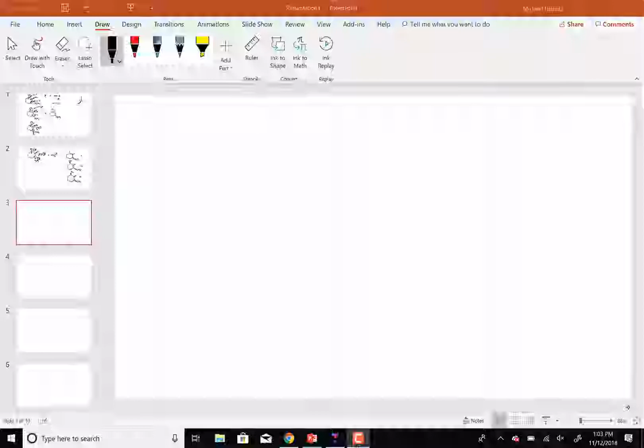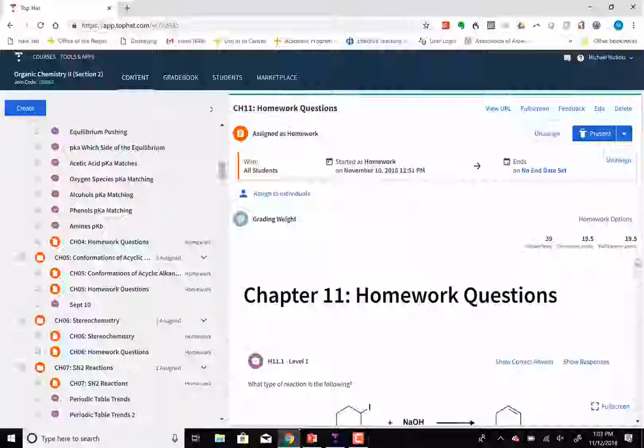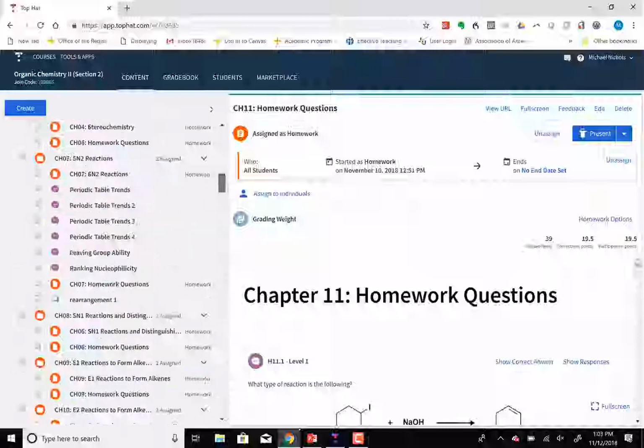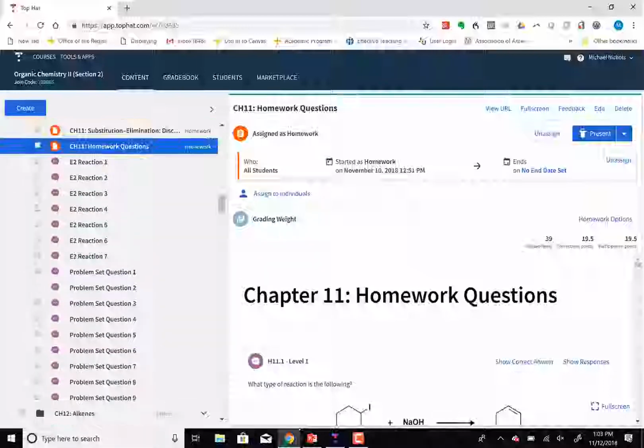I have questions up through question 9 on the handwritten problems on Top App for you to answer. Were there any questions about E2 from last week? Under chapter 11, I have a whole series of questions, and we'll get through as many as we can, and I'm going to leave the rest for you to do for Wednesday.